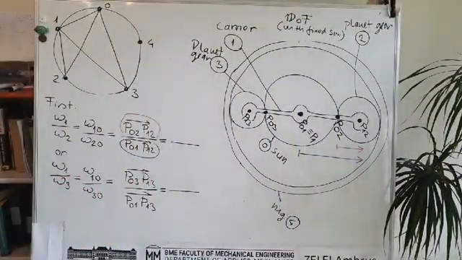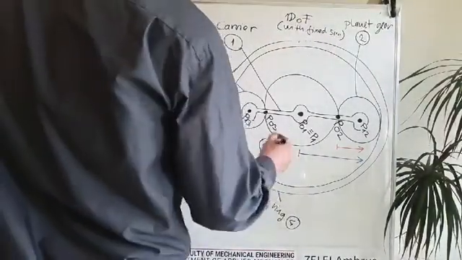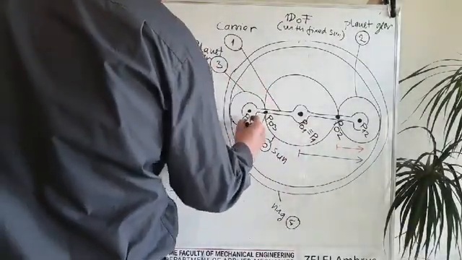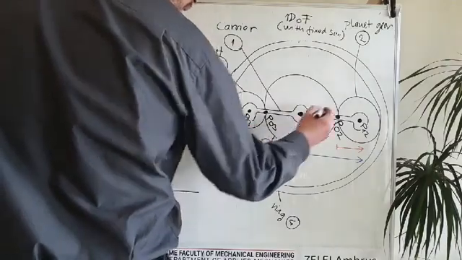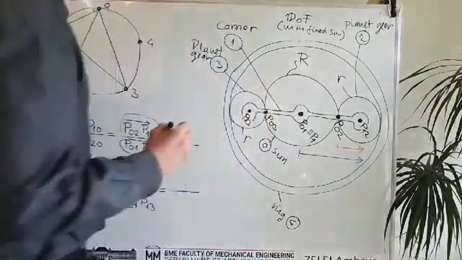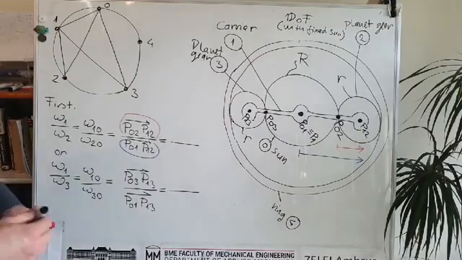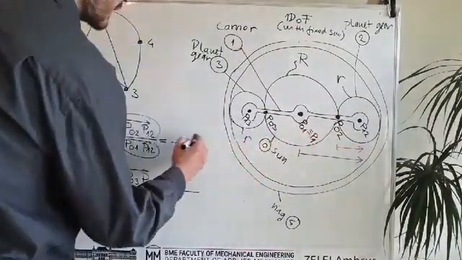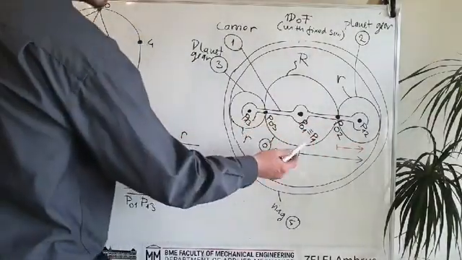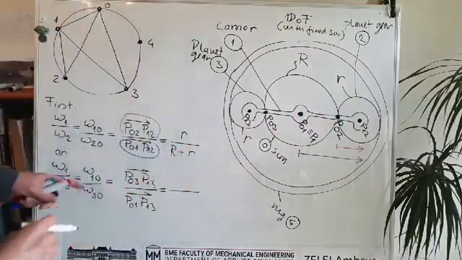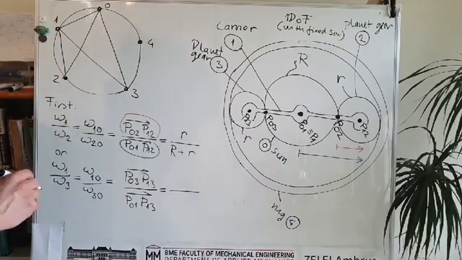Okay, I don't create some numbering here because the colors are easier, and let's use some geometric parameters. The radius will be small r of the planet gears, and the radius of the Sun gear will be capital R, and by using this we can easily say that the red distance is simply small r, and the blue distance is capital R plus the small r. So we can easily calculate this ratio. This is very, very cool.